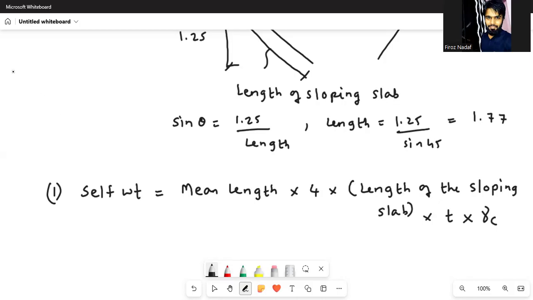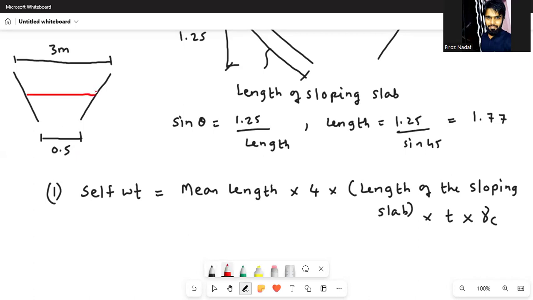What is mean length? I will tell you. See, this is how the hopper bottom is. The size of the opening is 0.5, and the size of the upper portion of the hopper bottom is 3 meter. Okay, so we are interested in the mean length because this is a trapezium. In case of a trapezium, we need to find the mean length.